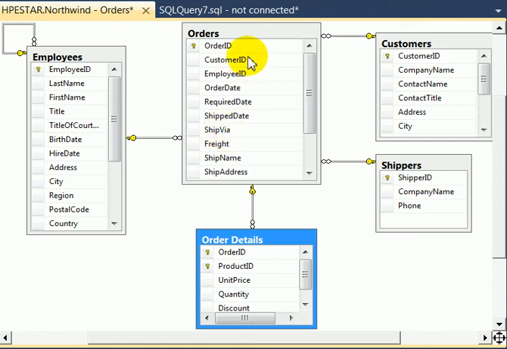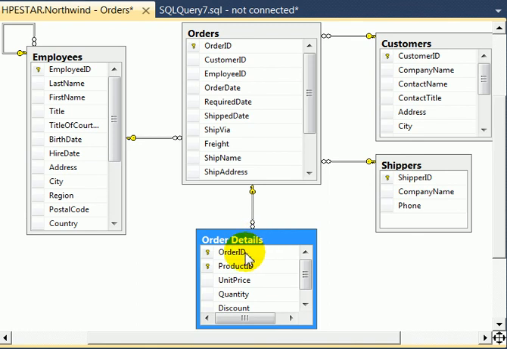Now, because we did not call it the same, it's not so easy to recognize. Actually, we are just guessing, but we would have to examine the foreign key definition to make sure that this is it. So ship via is the foreign key and shipper ID is the primary key.